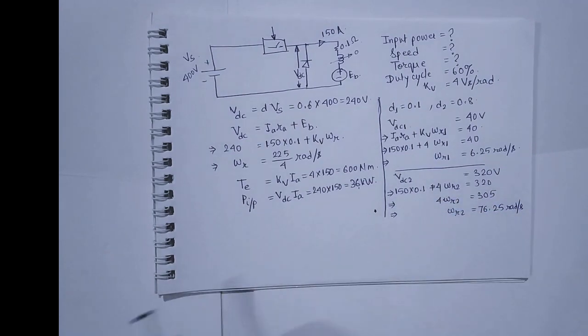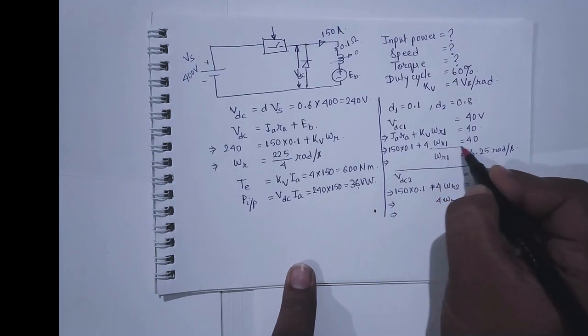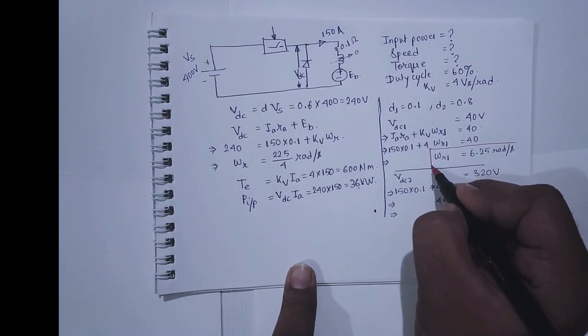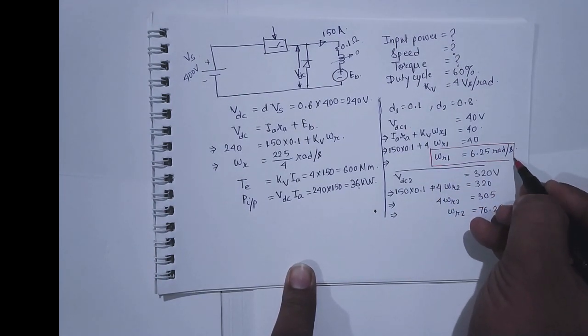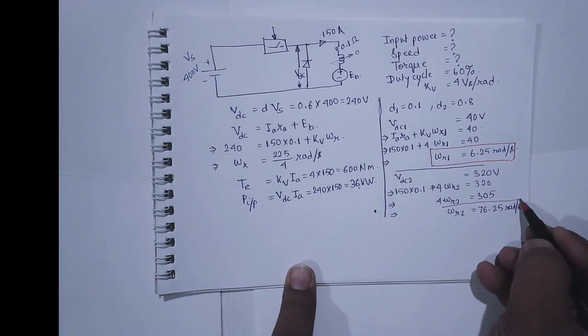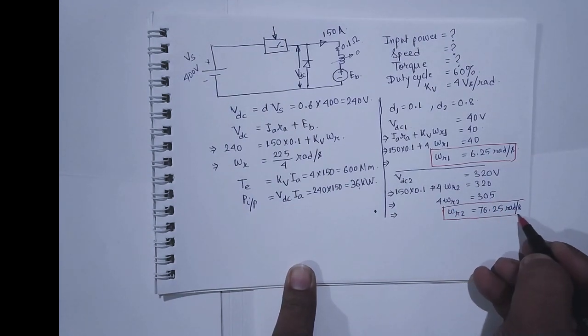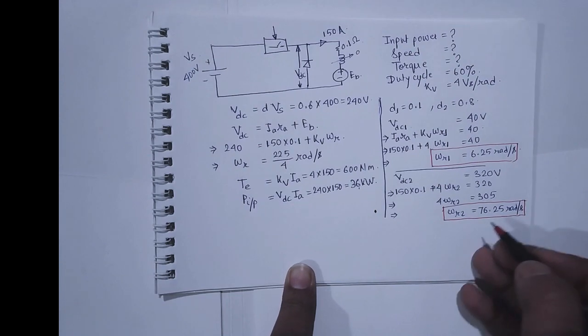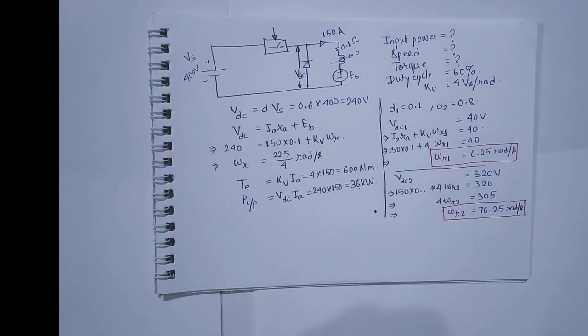So these two are our answer for this second part of the question. Now you can keep it in radian per second, or you can change it to RPM. That is very easy.